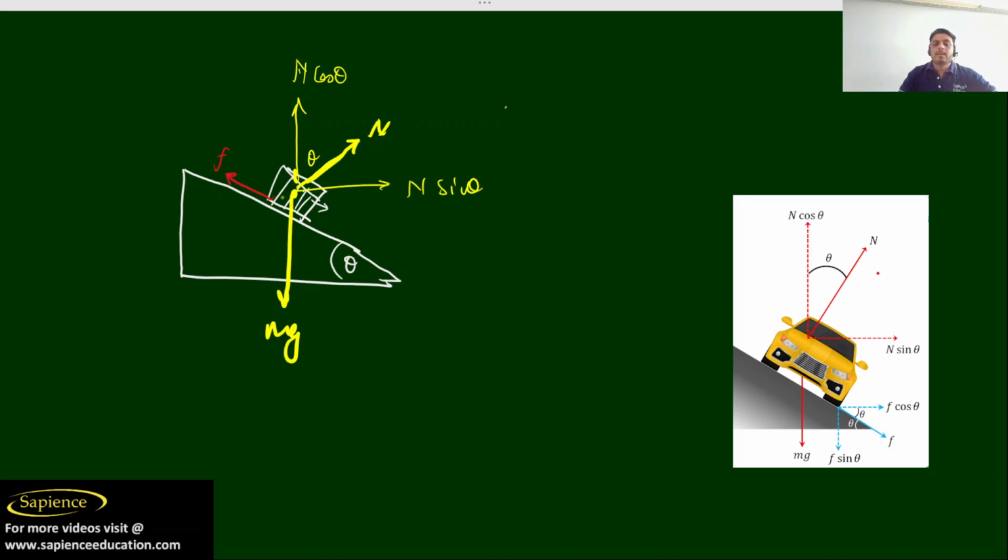Suppose this is your friction force F. F will have two components, in this direction and in the upward direction. So this will be F cos theta, and this is F sin theta.